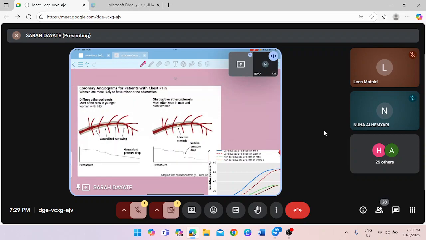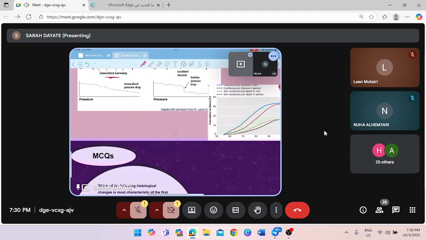Here, the generalized narrowing is for women, most often seen in younger women with ischemic heart disease, and as I said, it's fragile. But most often seen in men is localized stenosis. This is where the fibrous cap can open and the rupture can occur.